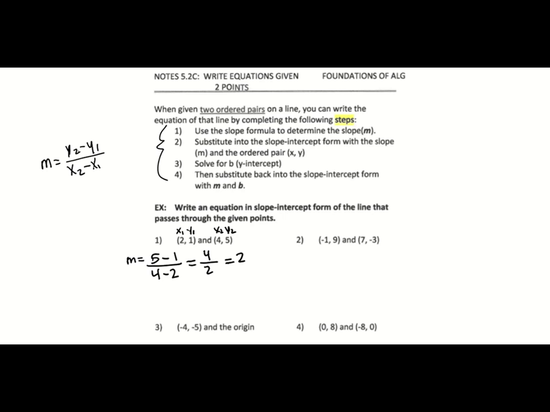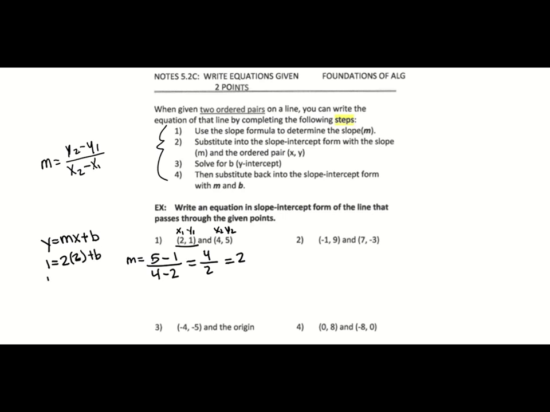I'm going to take that slope and plug it in and pick one of my points. So I'm just going to pick the first one here, 2, 1. I have y equals mx plus b, where my y is going to be 1, my m is 2, and my x is 2. And I can solve for b.